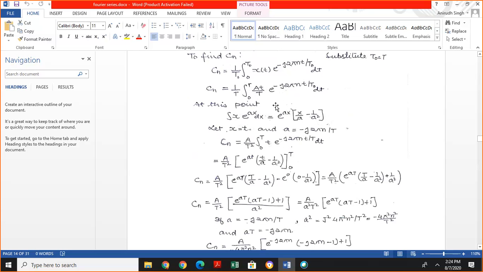So solve this by using this formula, with this as the limit of integration.